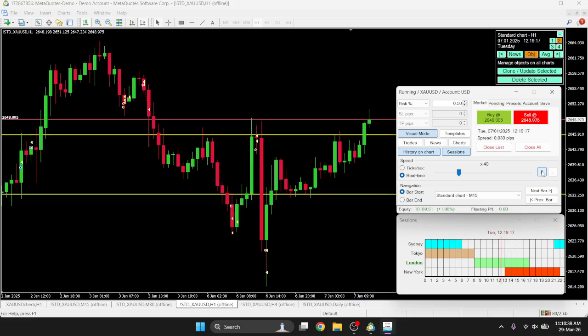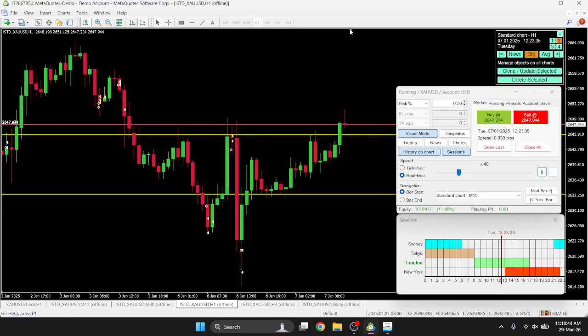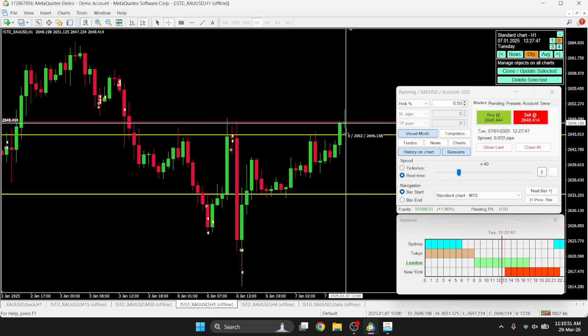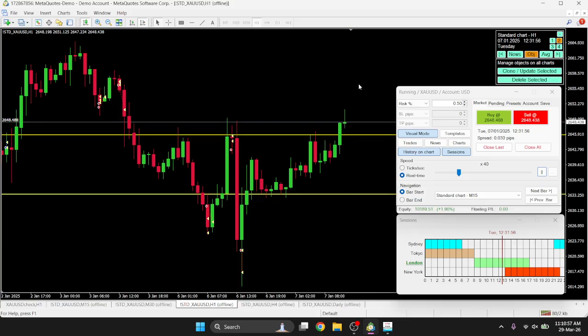Wait for your setup, for your rules, what you want before entering a trade. I just want the candle to retest this raised support area and then move up. Then I'll enter. Otherwise, there is no entry for me.